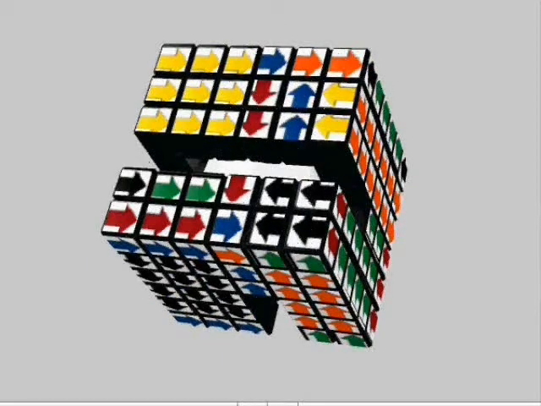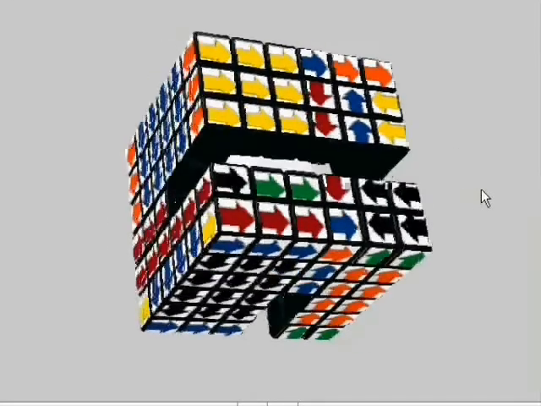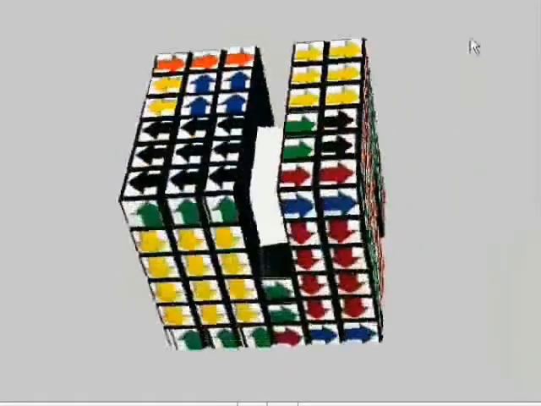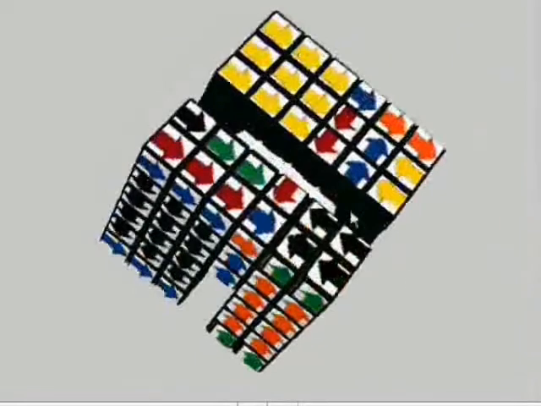The location of both of these pieces are also in the algorithm piece which we're going to use setup moves towards, the piece in the middle, which was 3b prime 3r prime 3b. All the pieces missing indicate what that algorithm affects. And one of the pieces was here and the other piece was here.